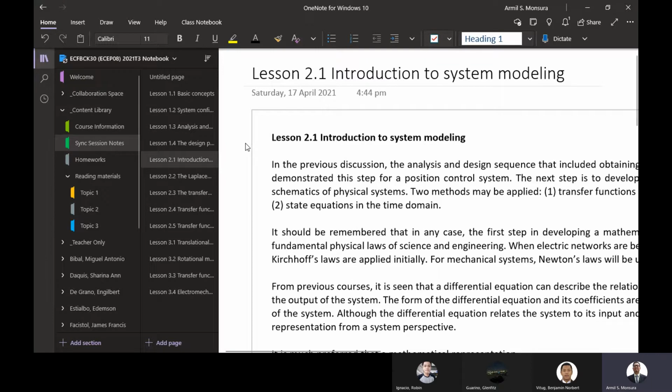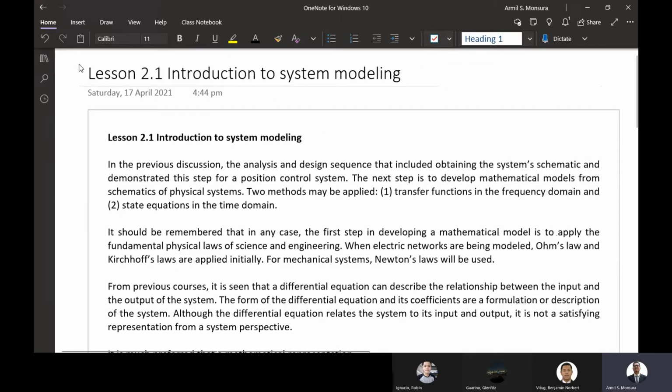Okay, so hindi excuse yung hindi tayo di-discuss, but still i-discuss natin yung iba para ma-clarify nyo rin kung ano yung mga parts na hindi niyo na-appreciate ng buo. Okay, so we start with system modeling.